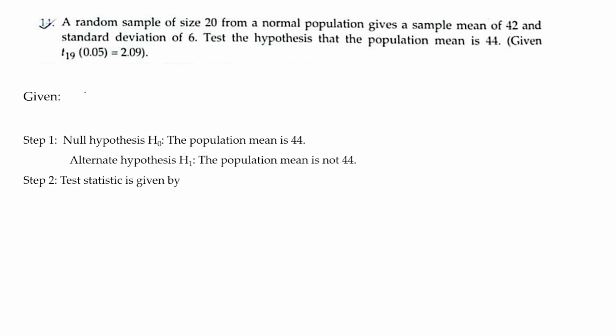So first let us write what is given. Sample size is 20, sample mean is 42, sample standard deviation small s is 6. We have to test the hypothesis that the population mean is 44. So mu is 44.